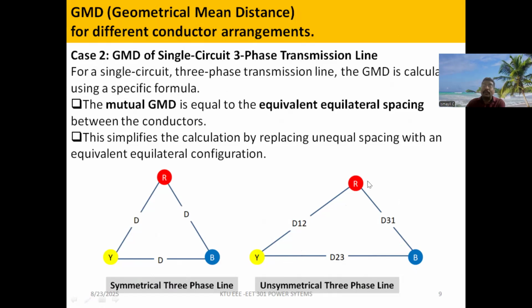Usually these distances are denoted by D12, D23 and D31. In both cases, the mutual GMD is equal to the equilateral spacing between the conductors. We will see the formula for both cases in the next slide.